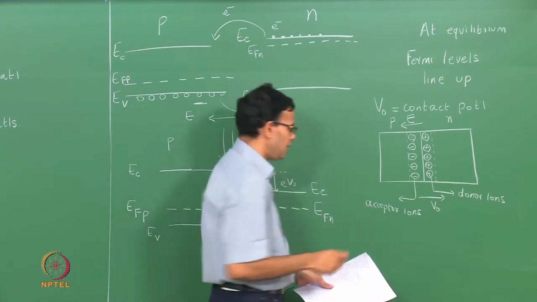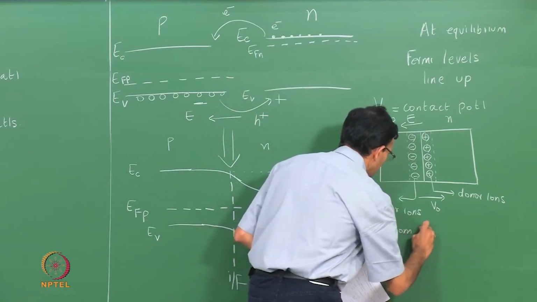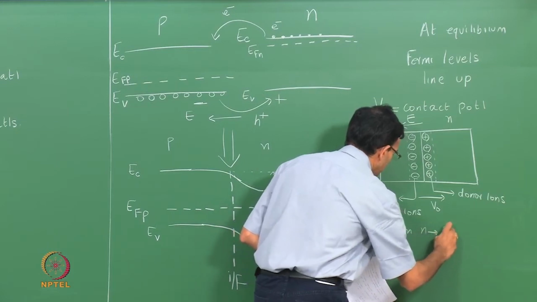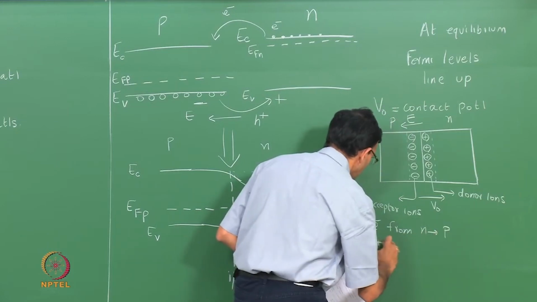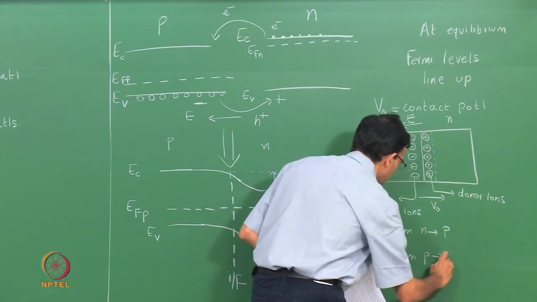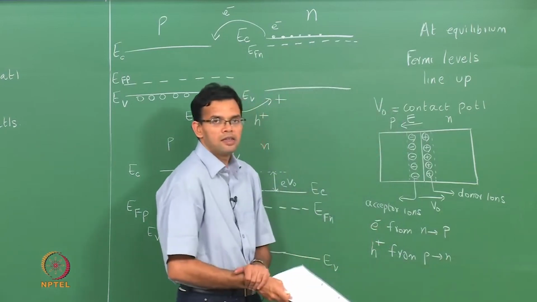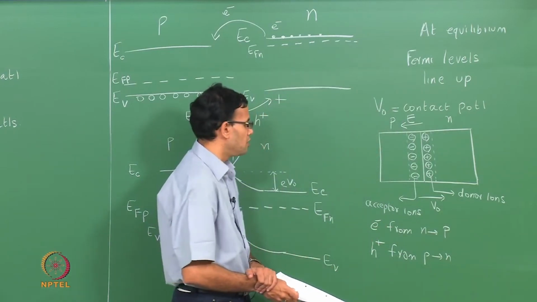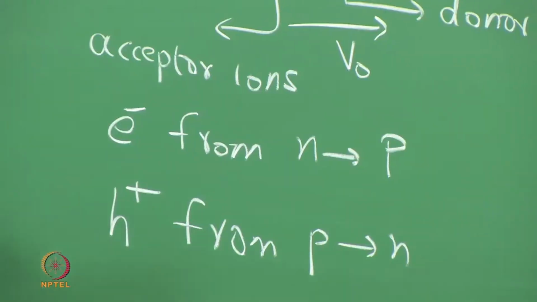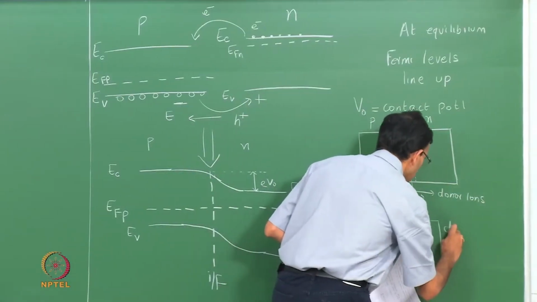So, we have excess electrons from N to P, you have excess holes moving from P to N, and when these meet, they recombine and get destroyed. So, what we are left behind is a depletion region around the junction.